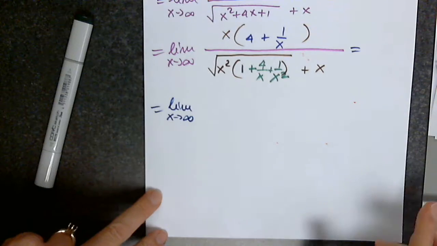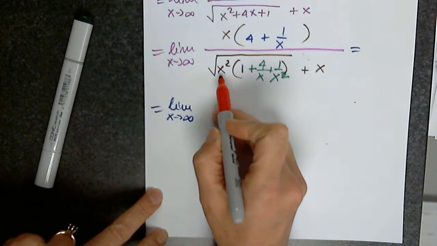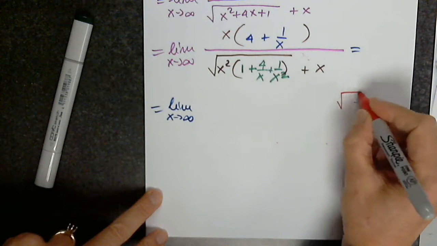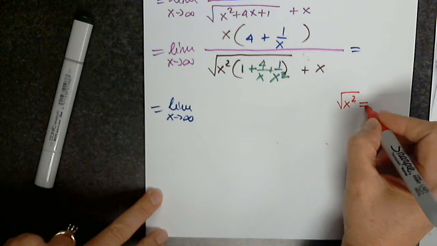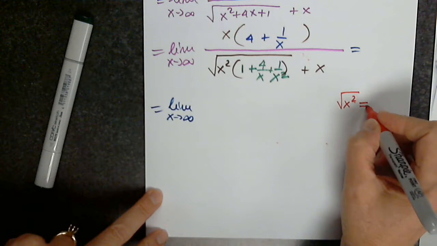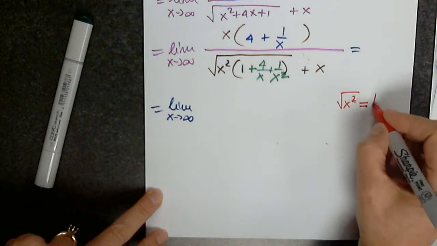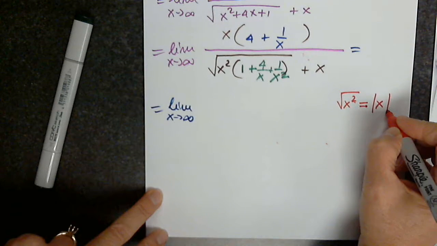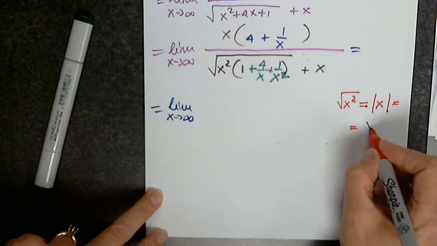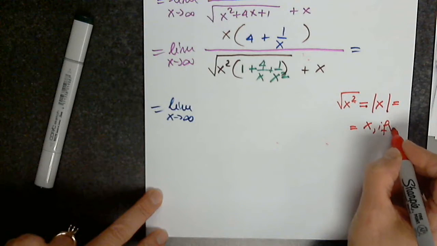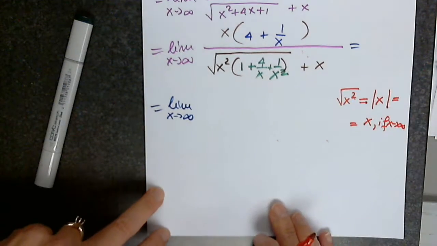Factor x out of the square root. Yes. However, I have to think, because we know the square root of x squared is x... careful. Exactly. In other words, it's the absolute value of x. So this answer will be x because x approaches infinity.